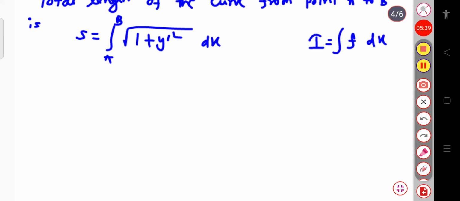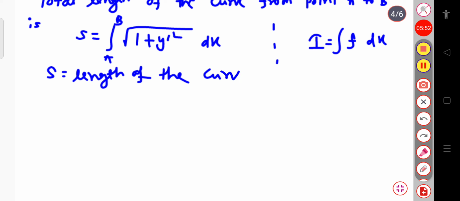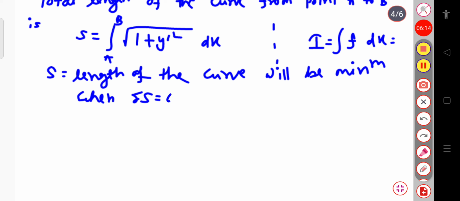Let me write, S equal to the length of the curve will be minimum when delta S equals 0, and we know this is an extremum. Extremum means it may be a maximum value or it may be a minimum. If we consider that the length of the curve will be minimum, then when delta S equals 0, S is the minimum path.